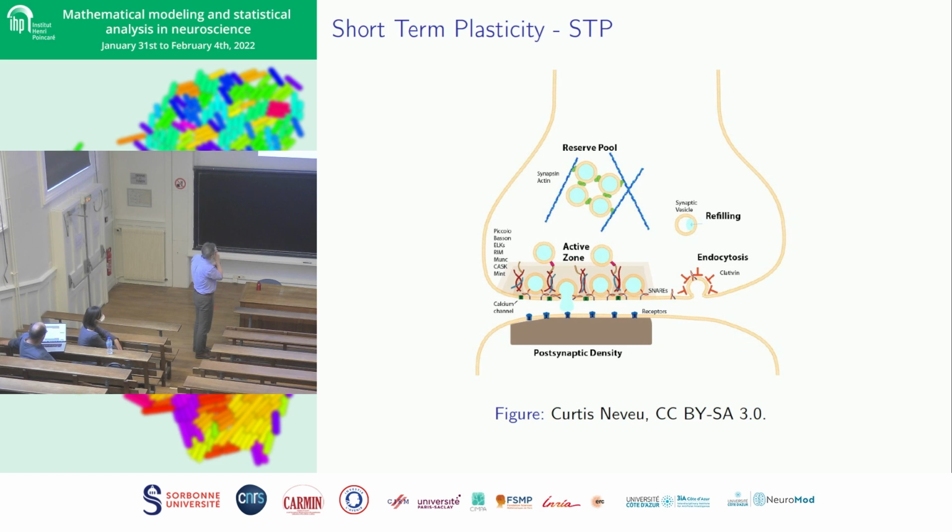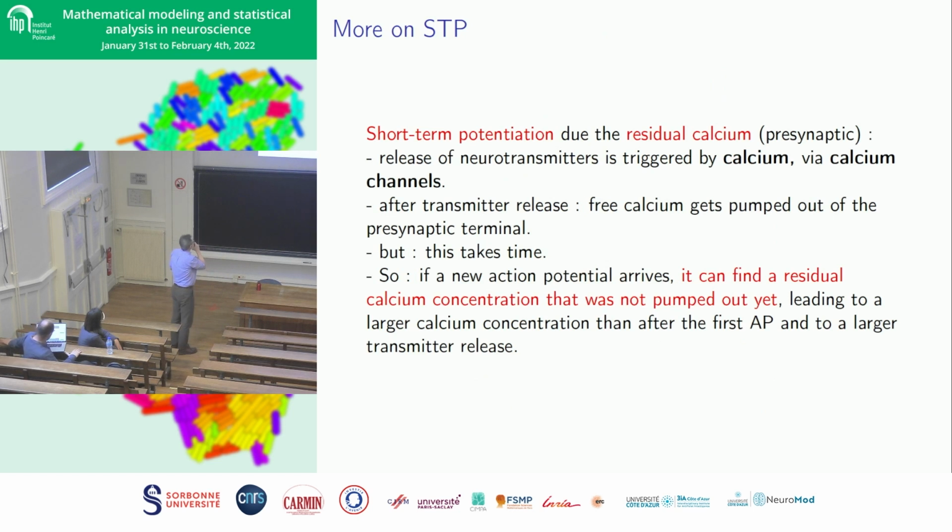Once the calcium goes in, it has to be pumped out. It takes a little bit of time. If a new action potential arrives before all the previous calcium was removed, you have a slightly increased calcium concentration. And since the release probability depends on the fourth power of the calcium concentration, even a tiny residual calcium can give you a greatly enhanced release.